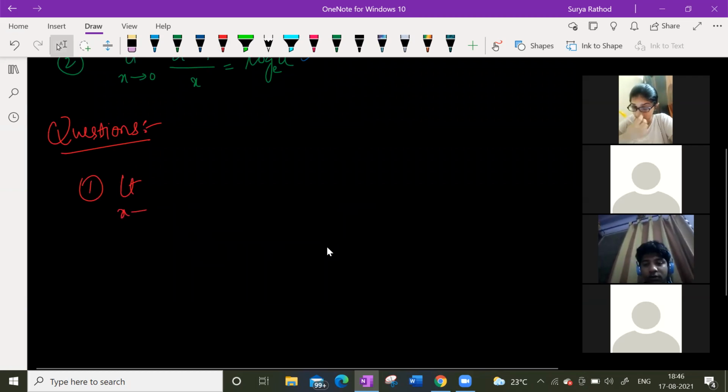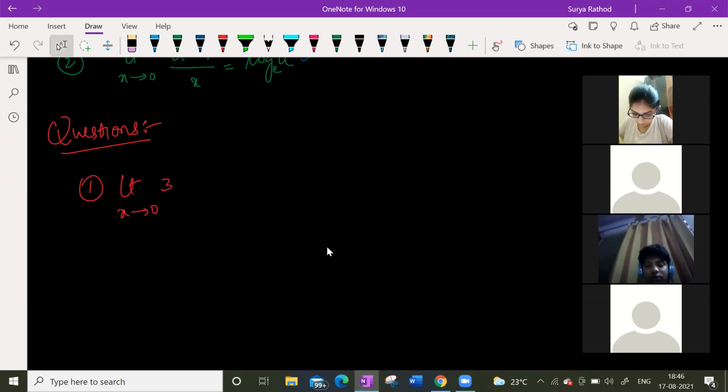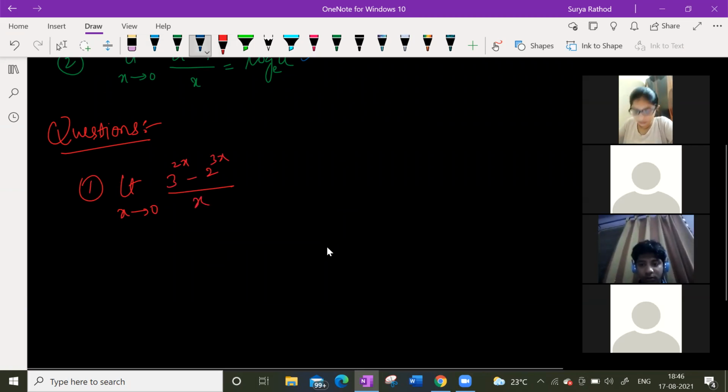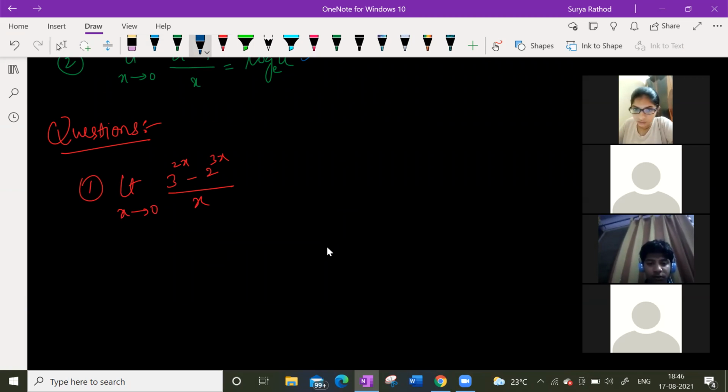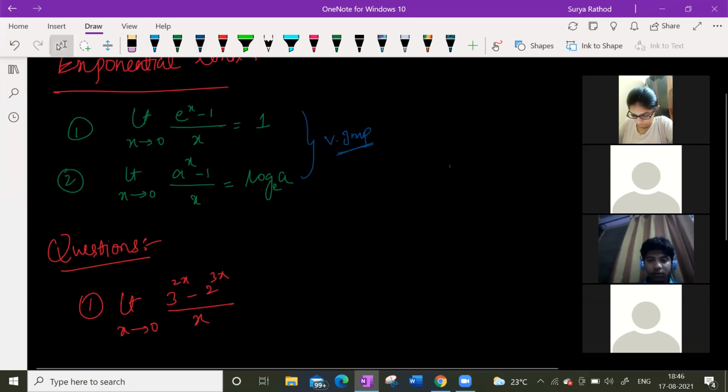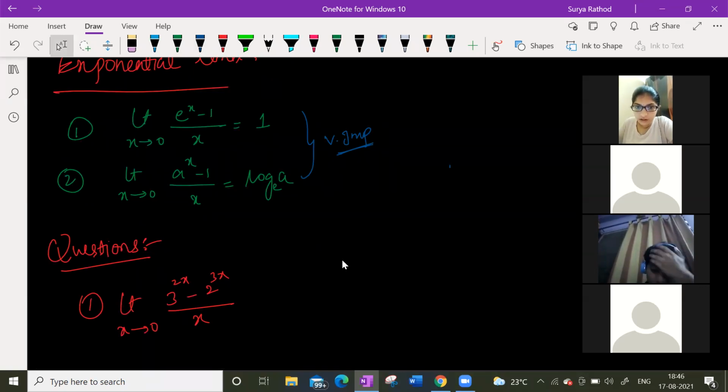Limit x tending towards 0, 3 power of 2x minus 2 power of 3x divided by x. Now tell me, how can we convert it to the standard formula? We have the formula a power of x minus 1 divided by x. This is my formula, isn't it?